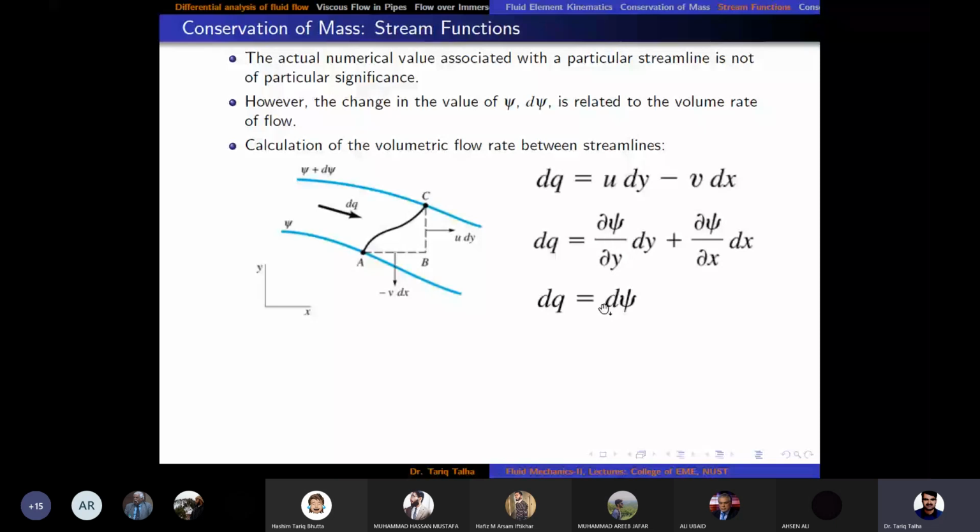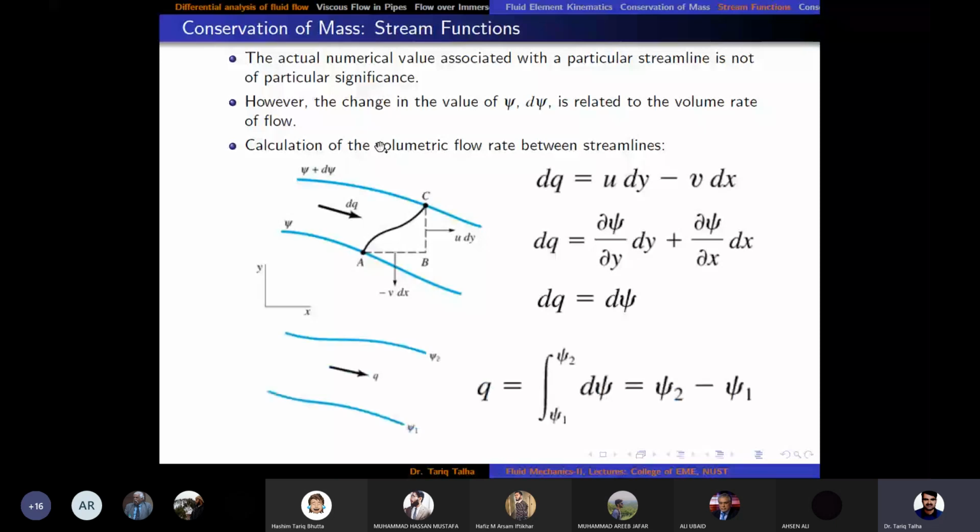It means that if the direction of flow is in the negative x, then the stream function value on the bottom streamline would be more, and the upper one would be a little bit less. But here, because the flow direction is positive, the stream function value is more on the upper streamline.